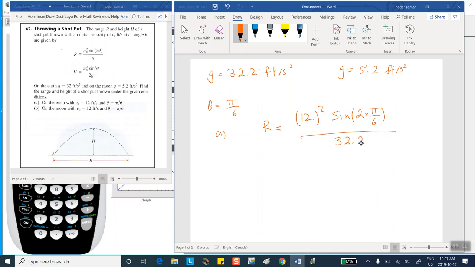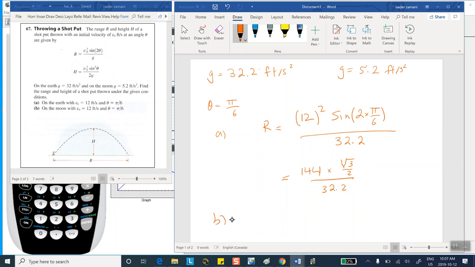This is on Earth. So this is 144. Now sine of pi over 3, times 2, this is pi over 3. So it's going to be root 3 over 2 divided by 32.2.